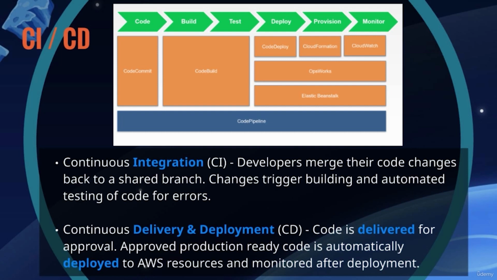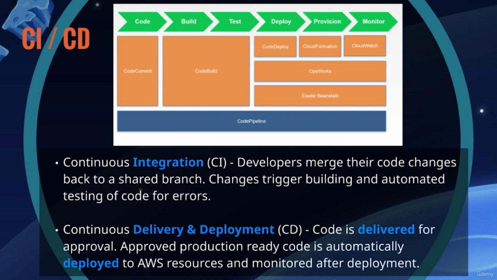And so there we could use CodeCommit, and all of our developers will be working off a CodeCommit repository. And then they will commit those changes that they make, and those changes will trigger a CodeBuild job that will build and then test that new code for them.